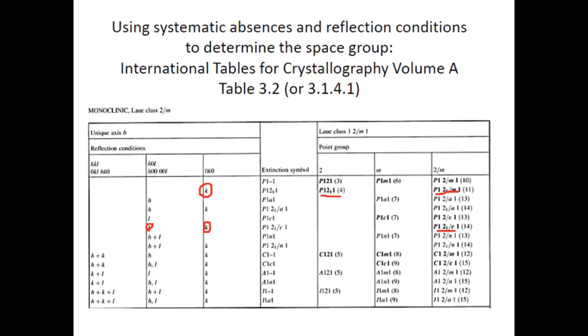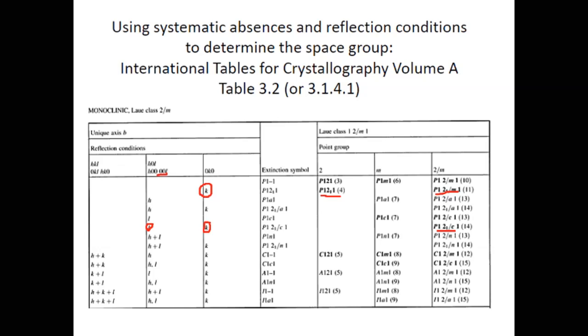So the H0L where L is odd denotes a C-glide perpendicular to B, which is what P21 upon C has. Now the 00L is just a subset of the H0L where H is 0. It doesn't necessarily mean that you have a screw axis parallel to C. It's just an artifact of having H0L where L is odd, so this is in the same family as H0L.